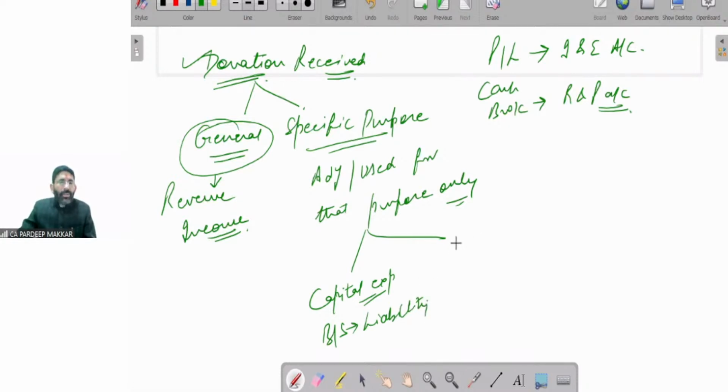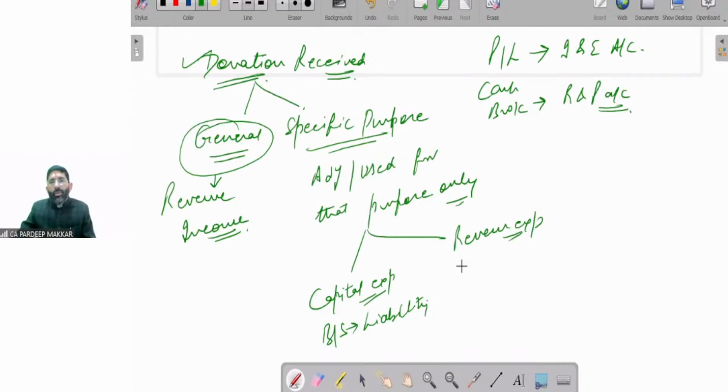And if it has been received for meeting revenue expenses, like prize distribution, which is a routine function organized by these organizations. So if we have received any donation for distribution of prizes, then obviously this is for revenue purpose.